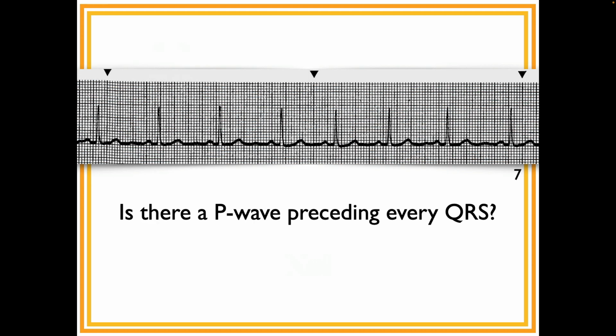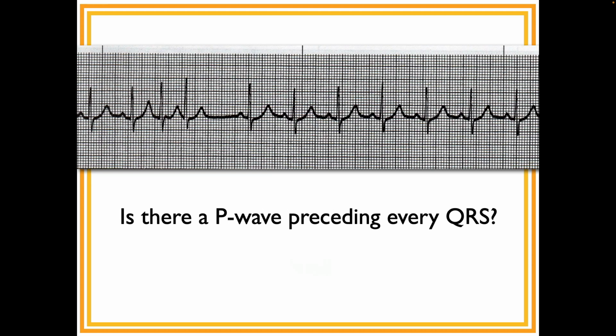And then, yes? On that last one, how do you distinguish that T from the P? How do you know that this is a T and this is a P and this is a T, not a P? Okay, so if you notice, the P waves that are there all look alike.